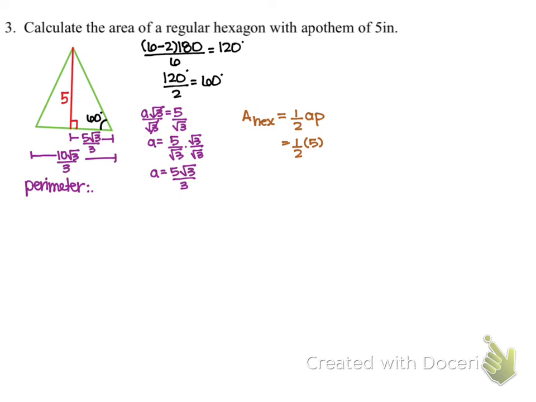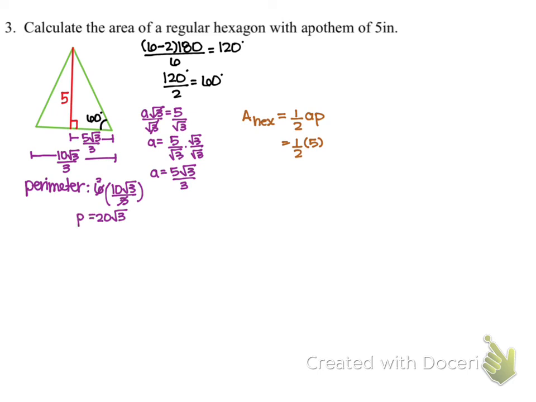Okay, this is a hexagon, though. You have 6 of these. So I'm going to do 6 of those lengths. If I simplify, the 6 and the 3 will cancel. It gives me 20 root 3. That is my perimeter.